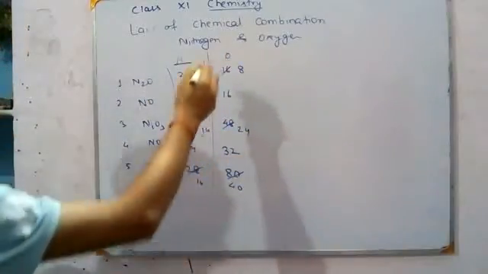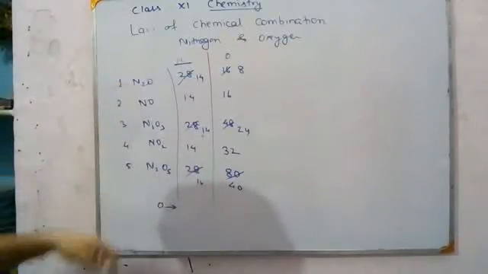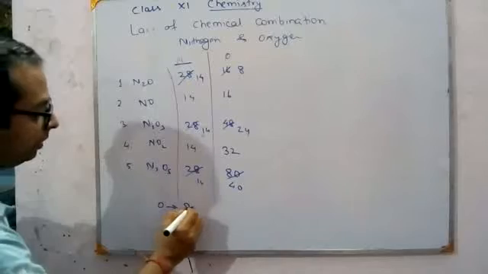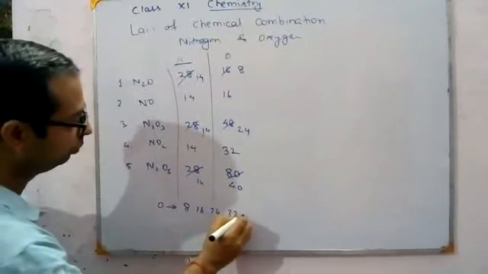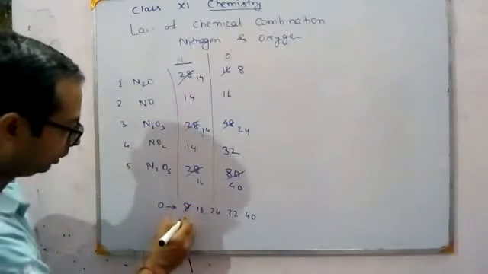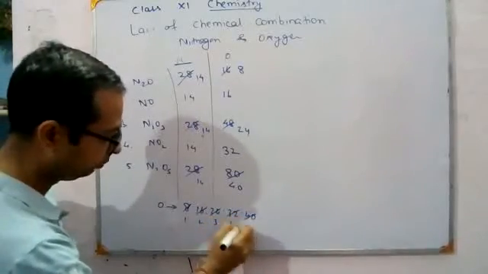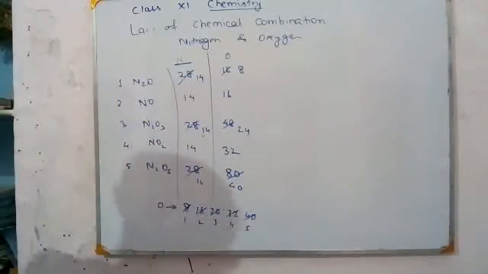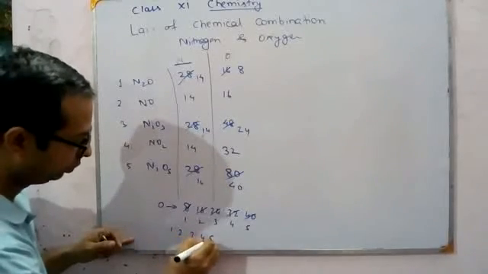Now what do we do? We compare the oxygen. What is the ratio of oxygen in various compounds? Let's see. It is 8 is to 16 is to 24 is to 32 is to 40. Okay, so 8 times 1 is 8, 8 times 2 is 16, 8 times 3 is 24, 8 times 4 is 32 and 8 times 5 is 40. So what is the ratio of oxygen? That is 1 is to 2 is to 3 is to 4 is to 5.